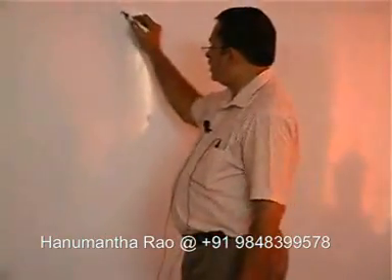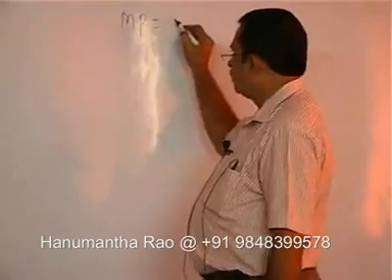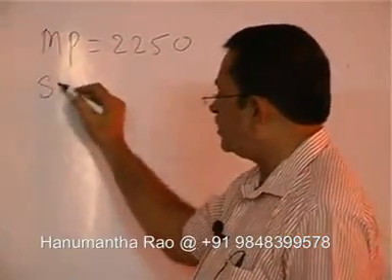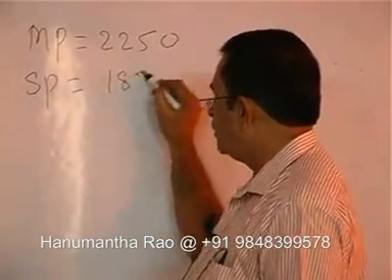Marked price of the article is how much? 2250. For how much is it sold? 1875.